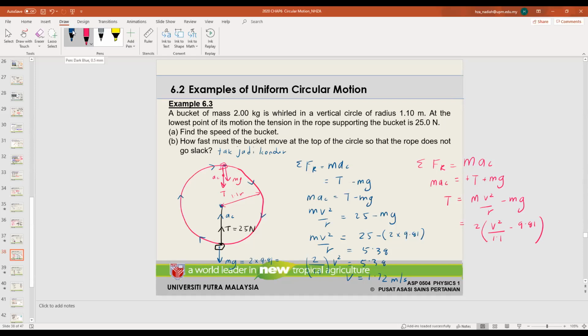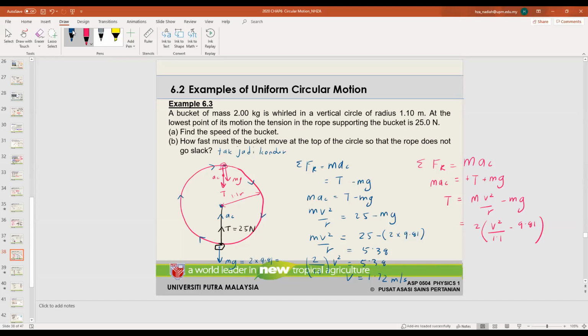Doctor, T is the force exerted by the string on the bucket, right? T is exerted. Macam mana lagi sekali? What was it, Bel? No, because T is the force exerted by the string on the bucket, right? Yeah.